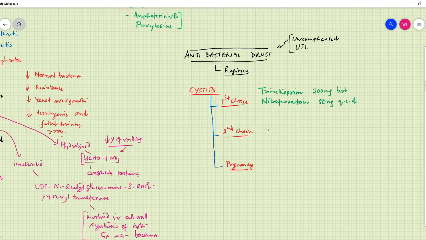The second choice of drug is cephalexin. And because it is a regimen, again this is 250 milligram 4 times a day. Besides cephalexin, there is ciprofloxacin.